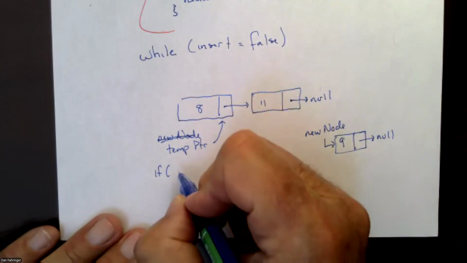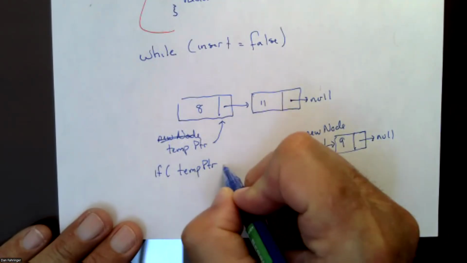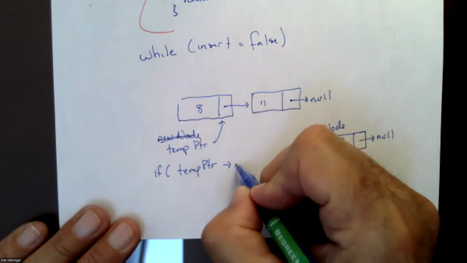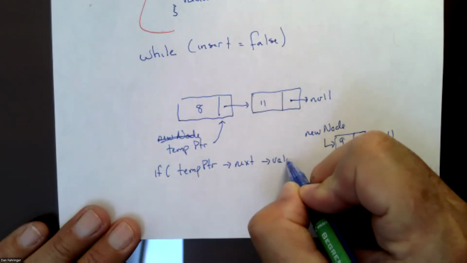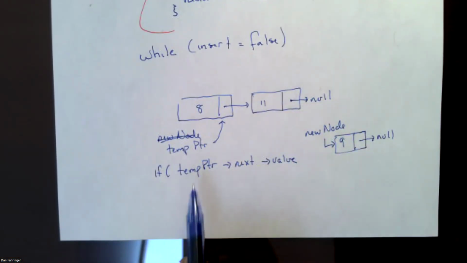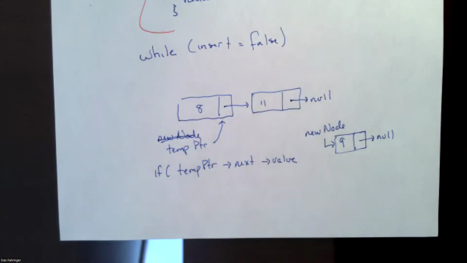All right. If, here we go. Temp pointer's next value. What is temp pointer's next value? It's 11.